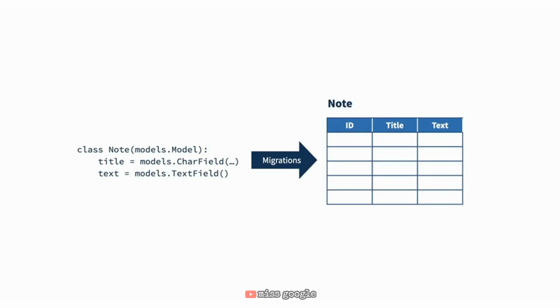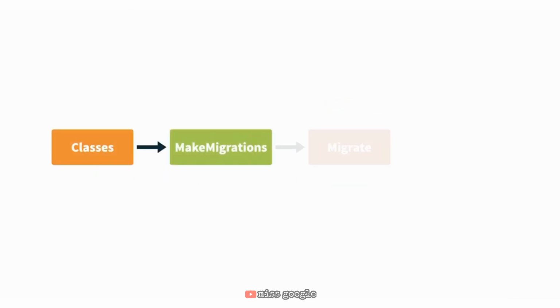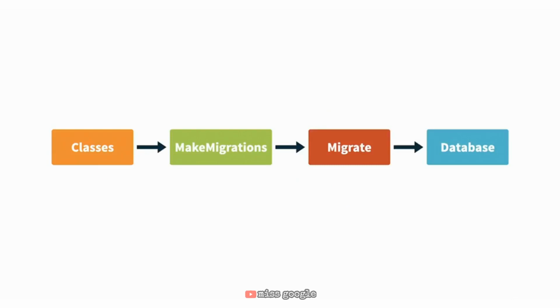Each class, known as a model, is a database table, and each class attribute is a column. The way we transform a model into a database table is by the creation of migrations. Migrations will have the step-by-step transformation that a database must do to apply the changes made in the code.